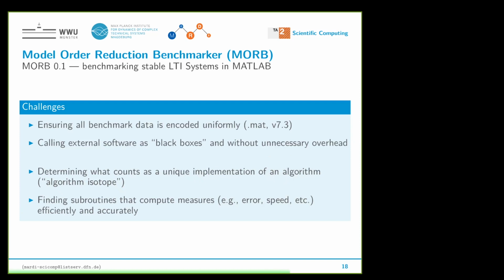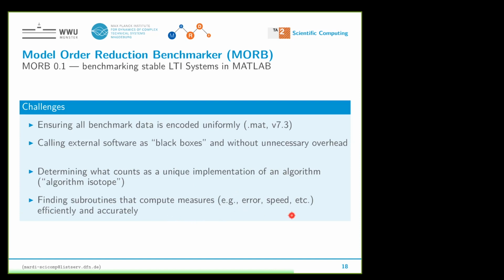Actually, in most cases, not, because they come with tons of parameters, tolerances, and so on and so forth that we need to fix in order to be able to say, okay, this is now one thing that is very unique, and for reproducibility purposes, this is necessary in the first place, but for comparability of the results, this is just as important.